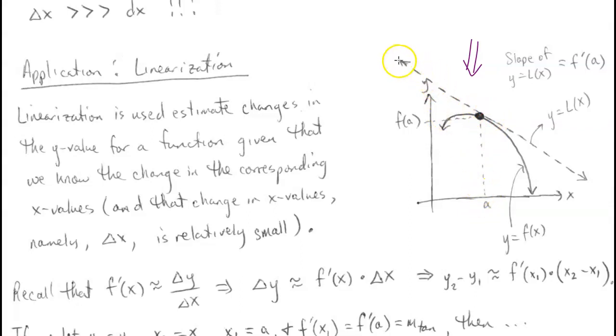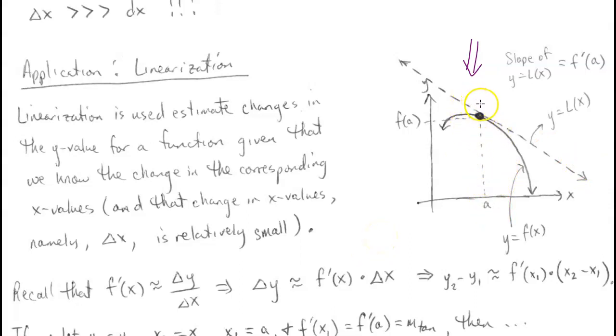And you see that we have a tangent line going through that function at that point. Remember that the slope of the tangent line represents the derivative of our function at this particular x value, and of course, this x value is just a.